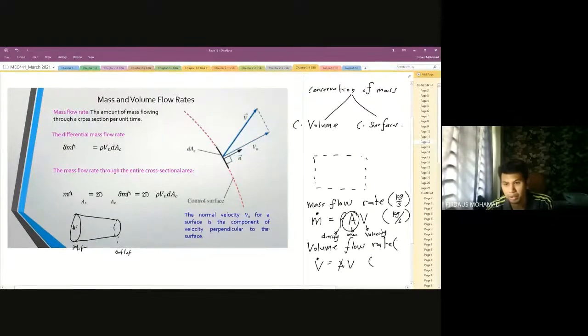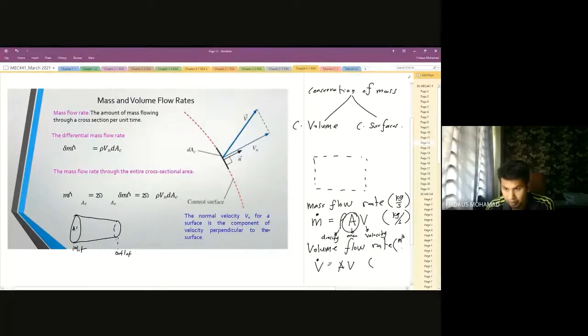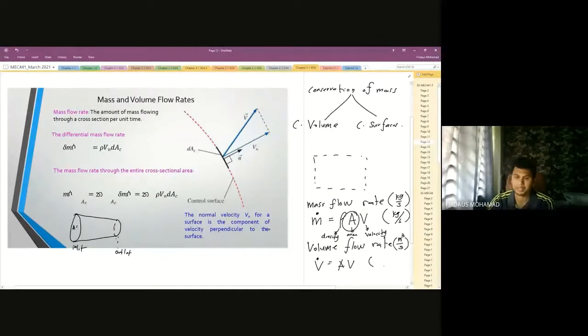Unit dia apa? Meter cube per second. Okay, so M dot also equal to rho V dot, sebab AV adalah V dot, volume flow rate.